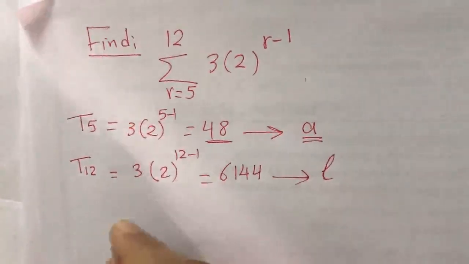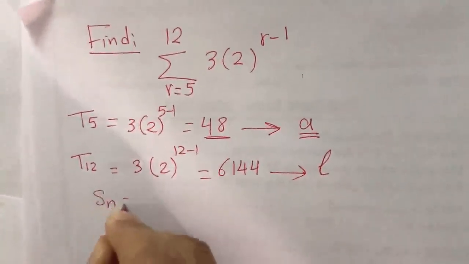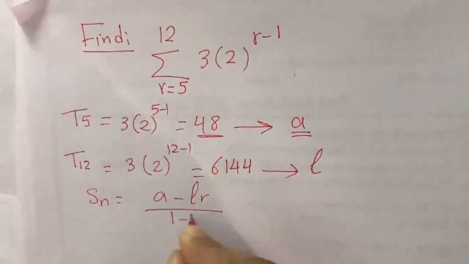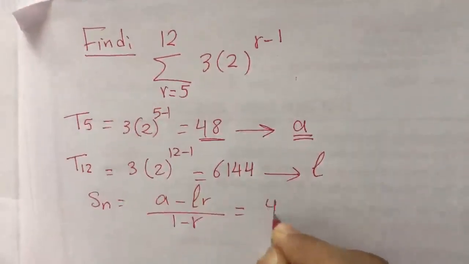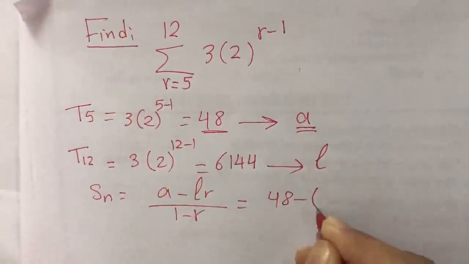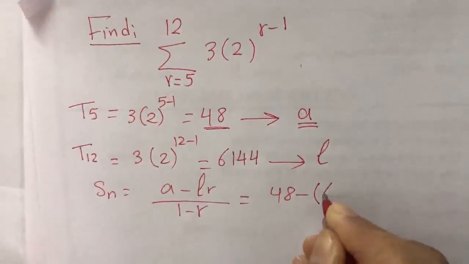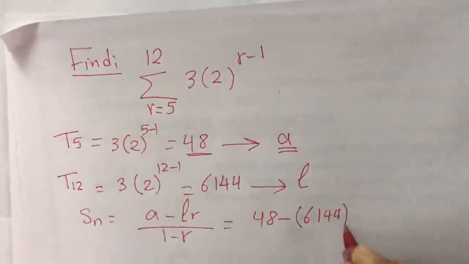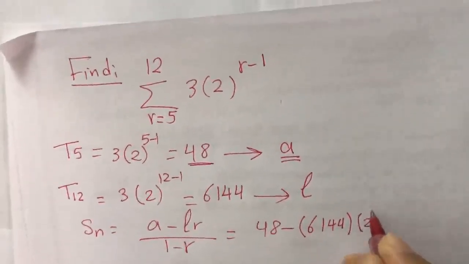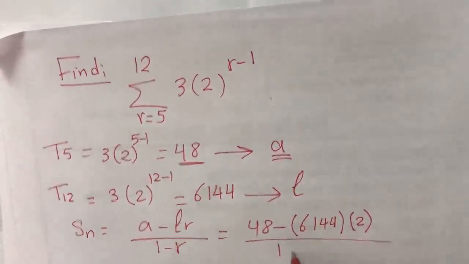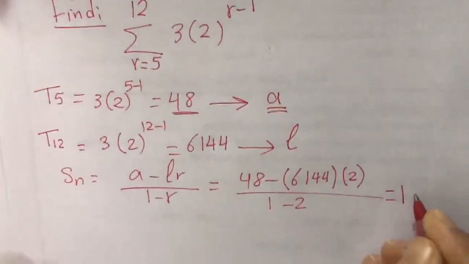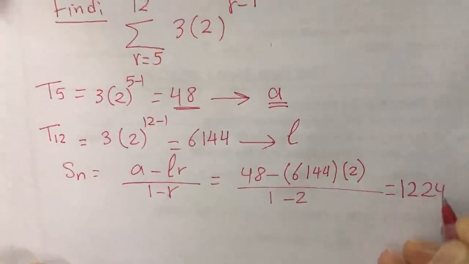So I can use the rule Sn equals a minus lr over 1 minus r. It will be 48 minus 6,144 multiplied by 2 over 1 minus 2. It will be 12,240.